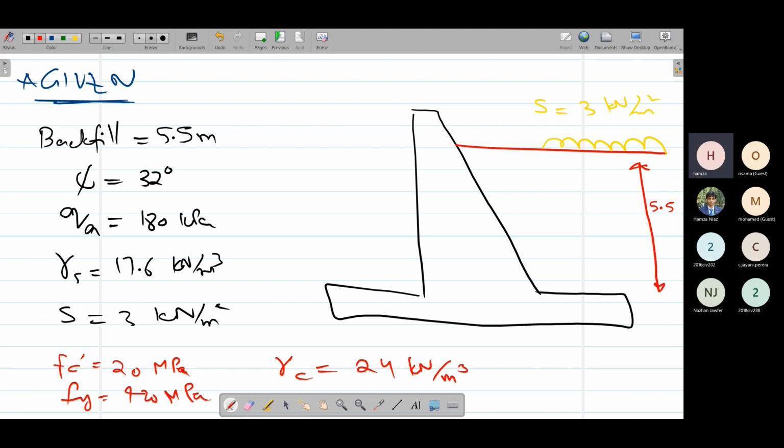And the last thing is alpha, the coefficient of friction between concrete and soil. This retaining wall is resting on soil, and it is made of concrete, so the friction between the concrete and soil is represented by alpha. It is 0.45. We have to memorize this value; either it would be given or we have to memorize it. So this data is given.